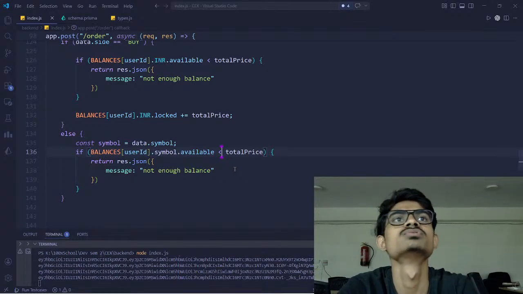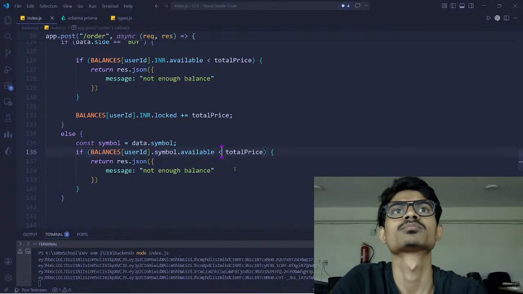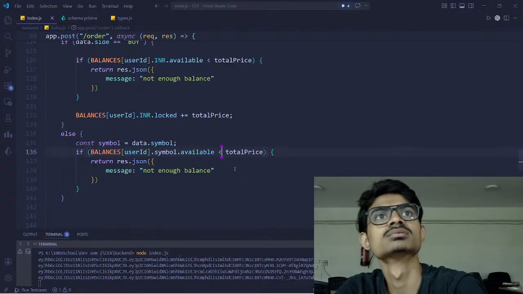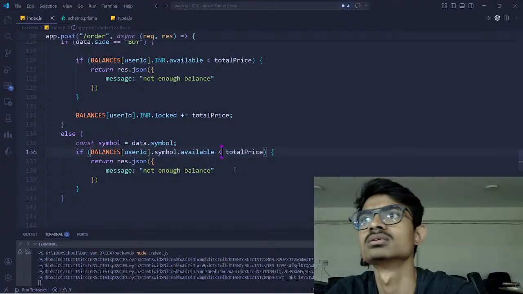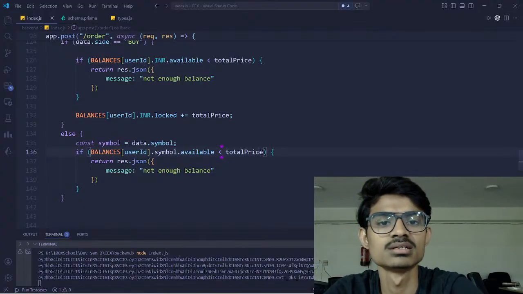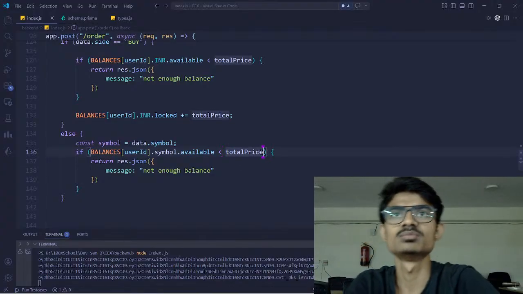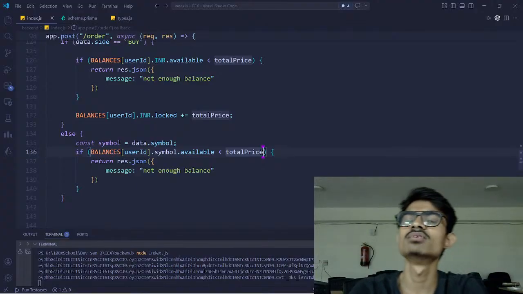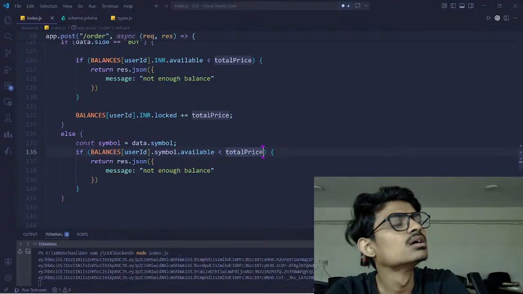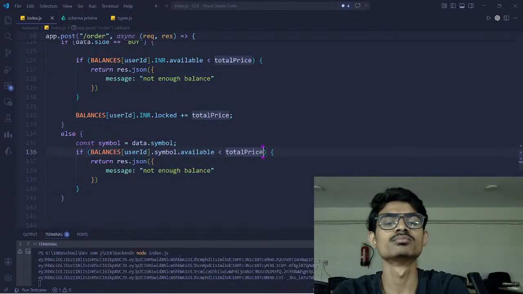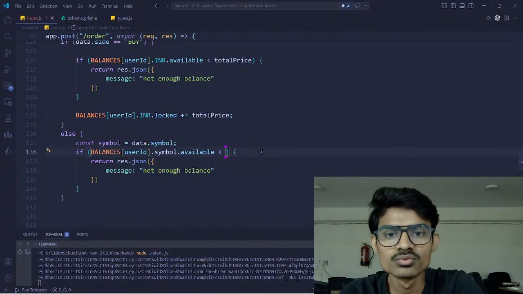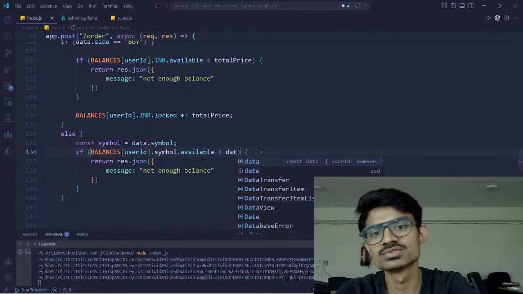Number of stocks we are selling is less than, price doesn't matter here, this is just the quantity. Do we have enough stocks, right? If I want to buy, I have to have enough money to buy that, and if I want to sell stocks, I want to have enough stocks, right? So we have enough stocks? How do I check it?